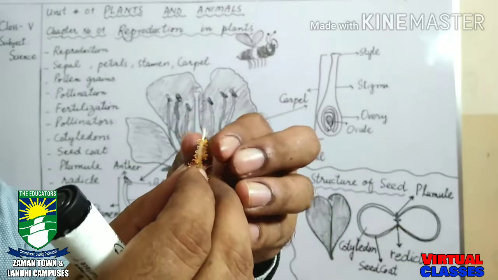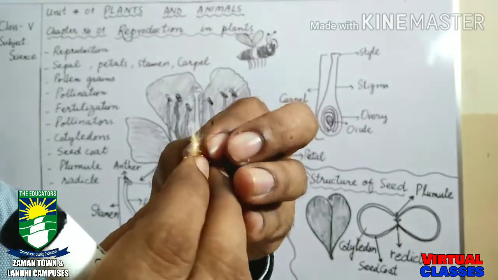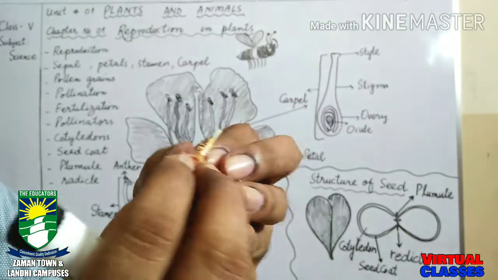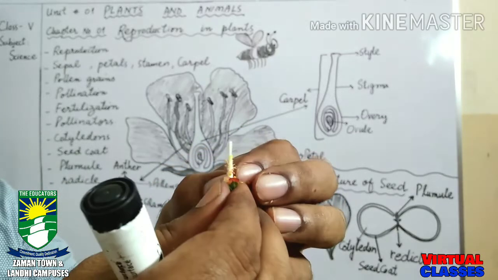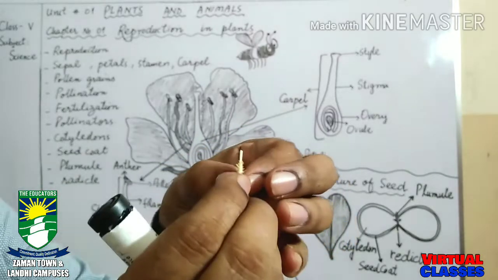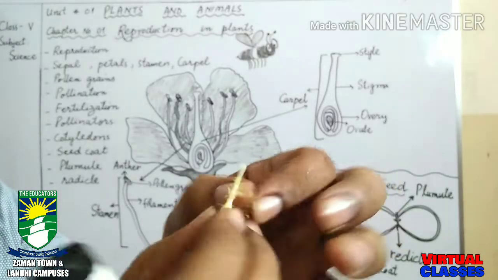Okay, I have removed all these stamen from the flower, and now the part which remains is called carpel. I will show you from the board as well.